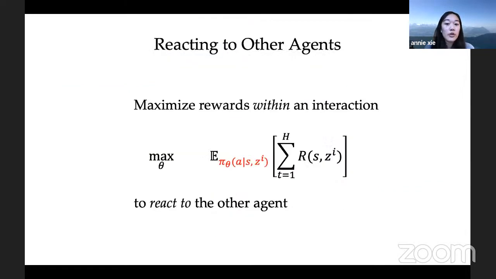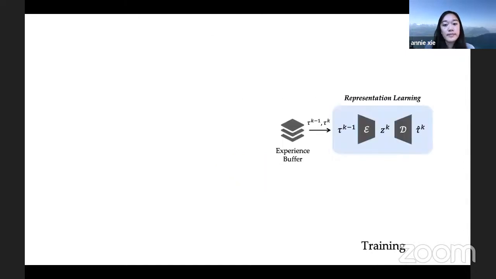Having learned a model of the other agent, we can now train a policy that's conditioned on the predicted latent strategy. This policy will give us different behaviors for different predictions, and so it basically gives the ego agent the ability to react to the other agent. Now to recap, during training, our approach first trains an encoder-decoder model to learn a representation of the other agent.